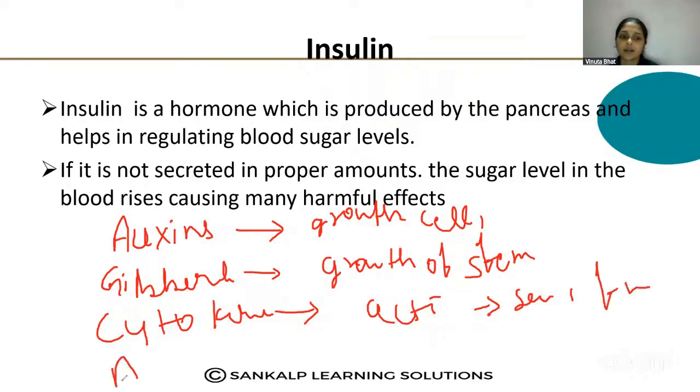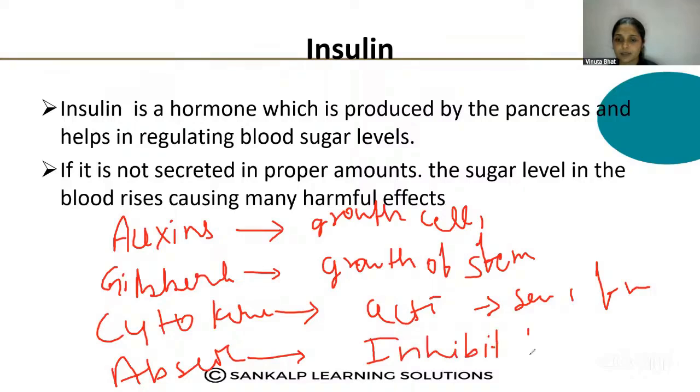Then the last one, abscisic acid, which inhibits the growth of the plant. That is the main thing.